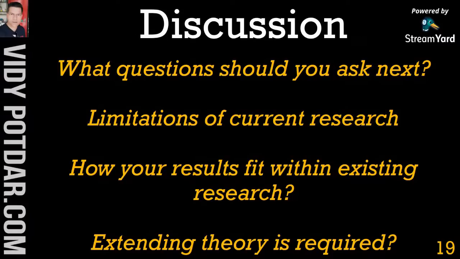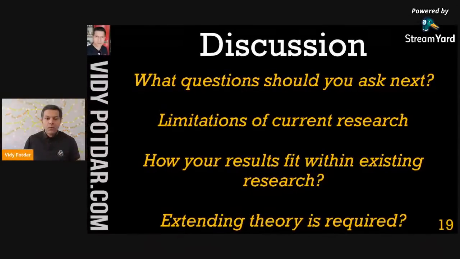Next, what you can talk about is how your results fit with existing research. I think I gave an example early on as well about whether your studies align or deviate from the existing literature. So you have to position your study or your findings in the whole body of literature.